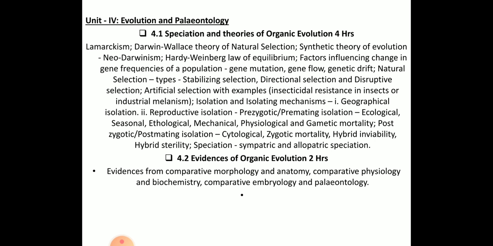Darwin Wallace theory of natural selection, Lamarckism, synthetic theory of evolution, Neo-Darwinism, Hardy-Weinberg law of equilibrium, factors that influence change in gene frequency like gene mutation, gene flow, genetic drift, and in natural selection what are the types, then directional selection and disruptive selection, artificial selection also, isolation and isolating mechanisms, like why tigers are mainly present in the Indian subcontinent, why not in Russia and all.